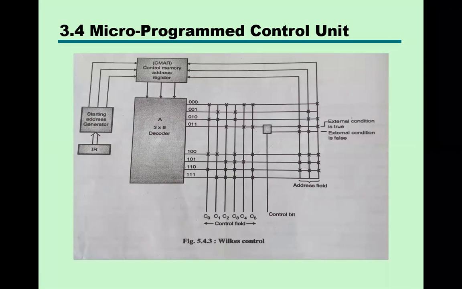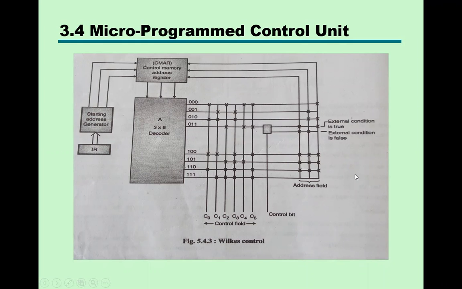So the control field tells which control signals are to be activated, like we have seen C1, C3, C5, and C1, C4, C3. These should be activated, and the address field provides the address of the next micro instruction to be executed. So from here the respective pin will be activated, and from the address field we get the address of the next instruction that is to be executed.